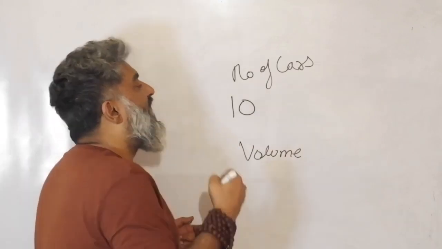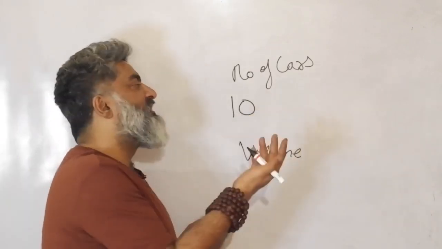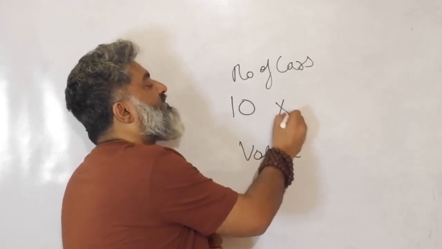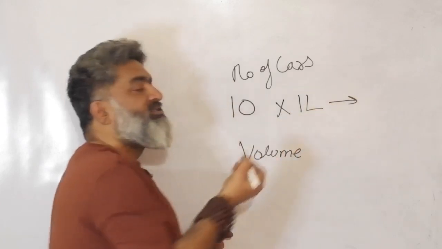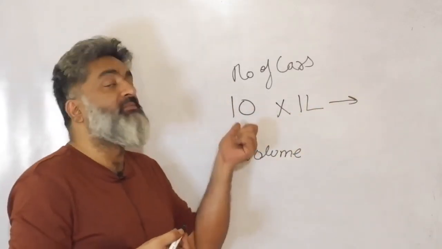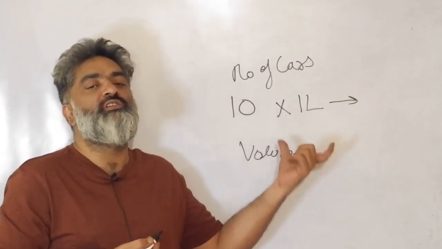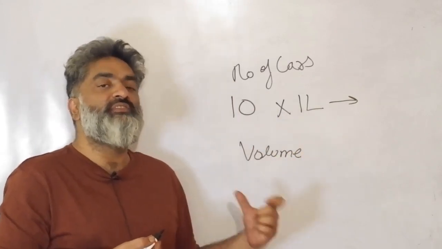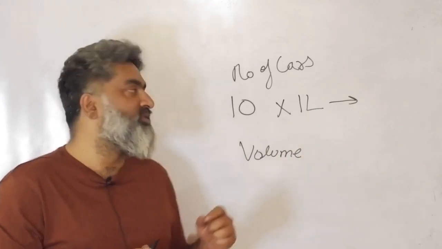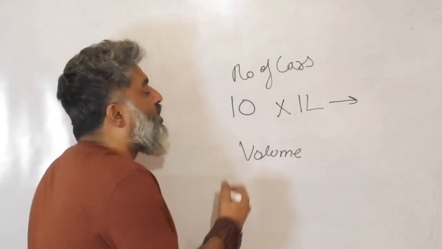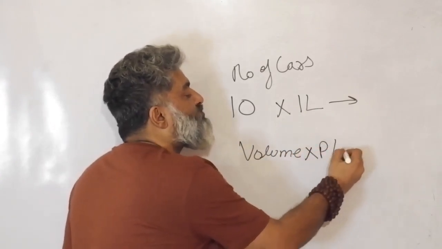Very easy idea. And now imagine that each car you are selling at, let's say, 1 lakh rupees. So your overall revenue again should be very easy. Number of items into price per item will give you the total sum. Write it down somewhere. Or in our case, volume into the price per unit.